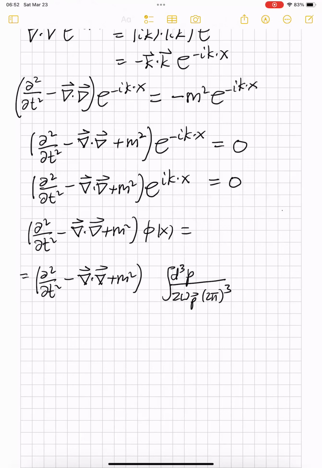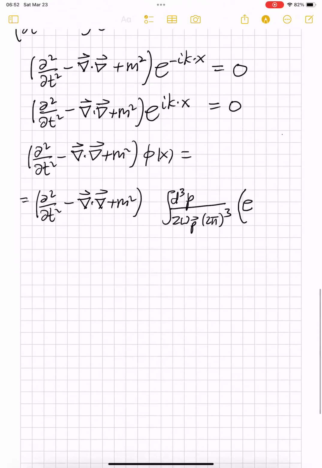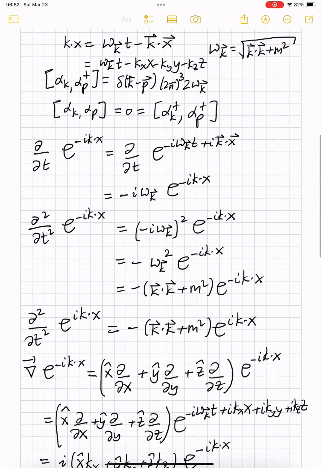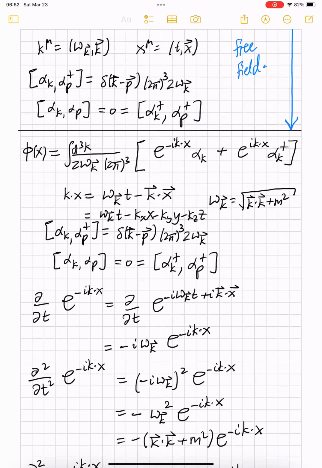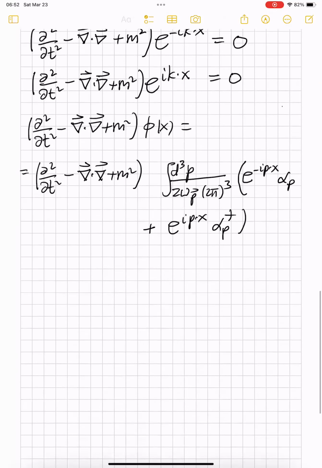It's just the Lorentz invariant measure. Then we will have e to the minus ip dot x alpha p plus e to the ip dot x alpha p dagger. Okay, if we go back up to the top, this is exactly what our field is. Just the integral over the Lorentz invariant measure, e to the minus ik dot x alpha k plus e to the ik dot x alpha k dagger. Okay, so that's exactly what I've written over here.